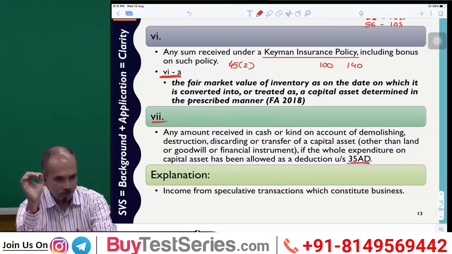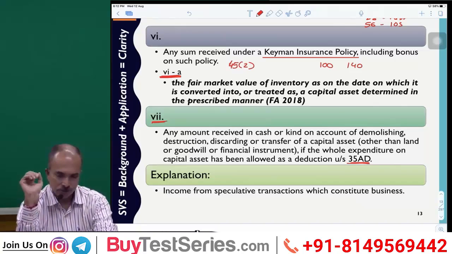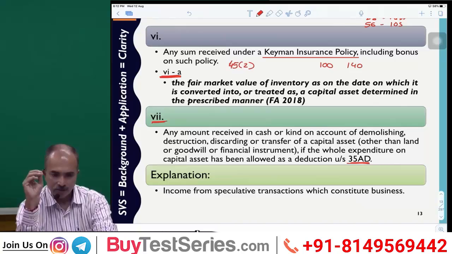If you are doing certain businesses and you do the capital expenditure other than land, goodwill and securities, then 100% deduction. So imagine I bought machinery worth 100 lakh for the eligible business. First year itself you will get 100 lakh deduction.